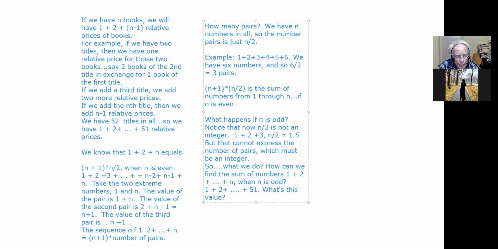What's this value? The formula will be n plus 1 multiplied by... Sounds good.